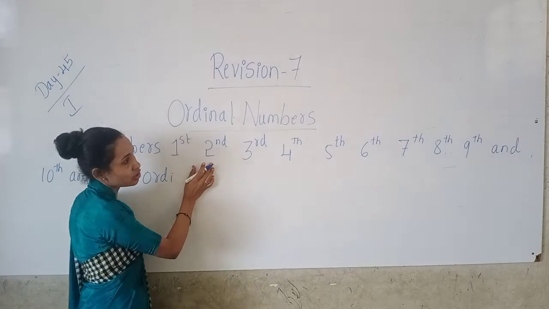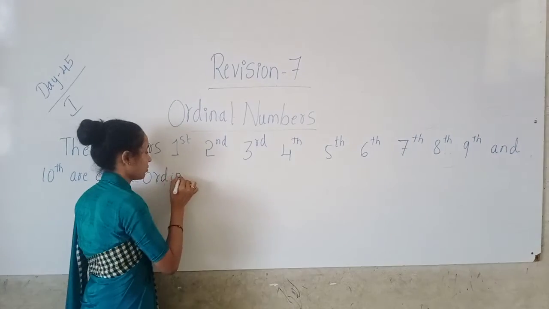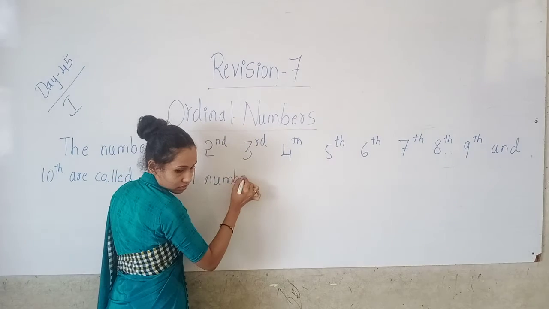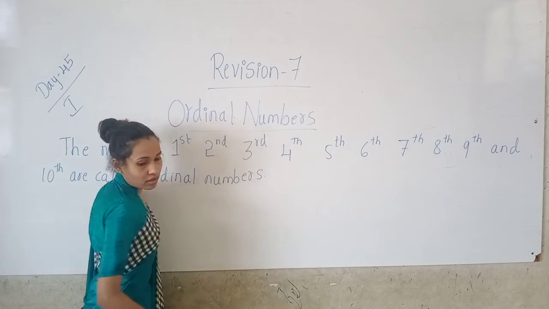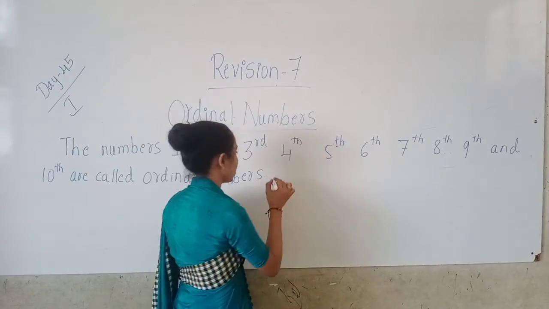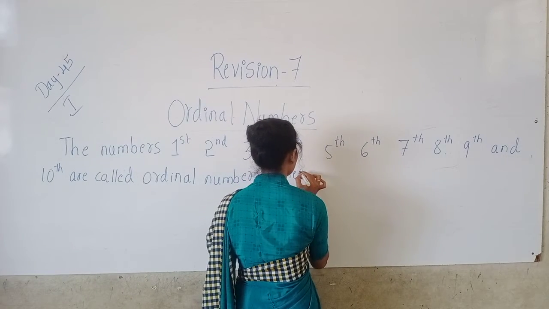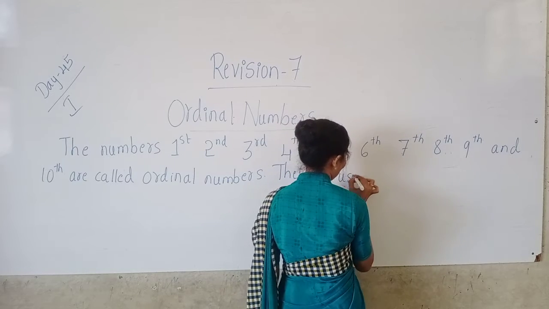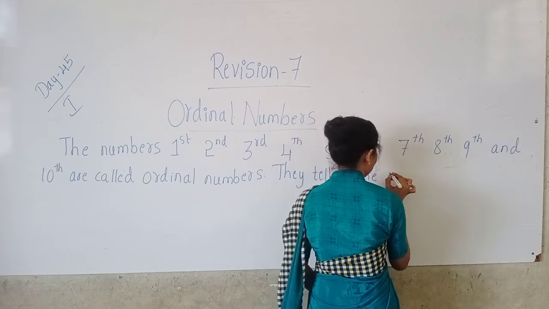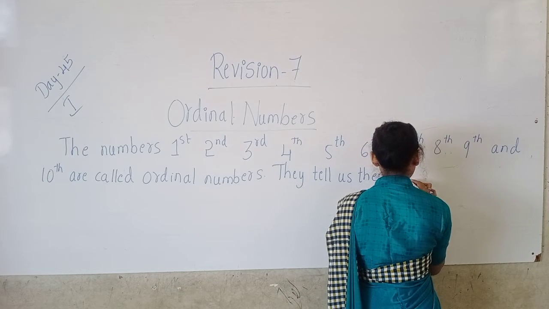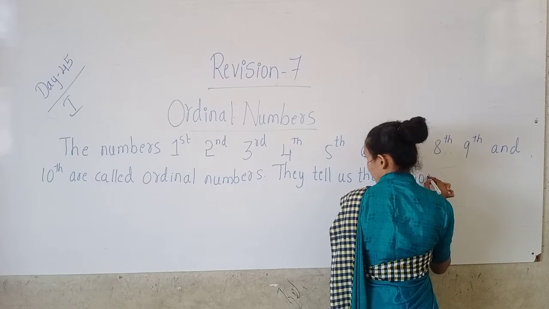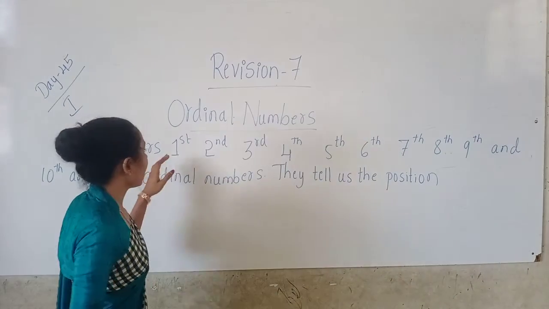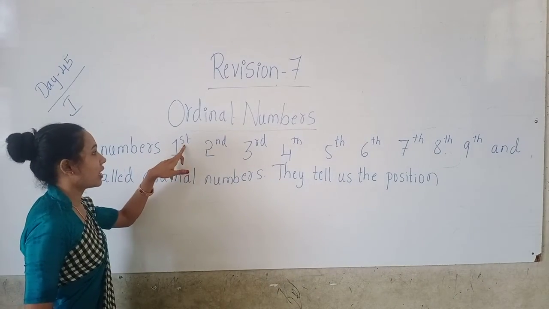These we are using to show the position. They tell us the position. They tell us the positions children. In numbers we write first, 1 with ST upside.